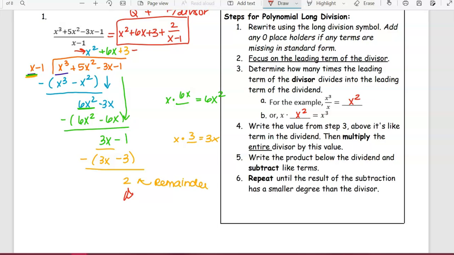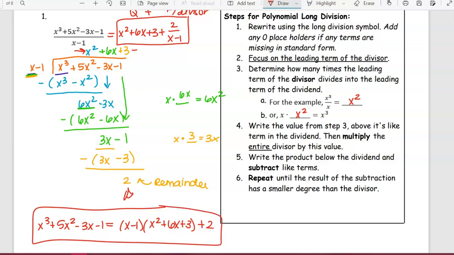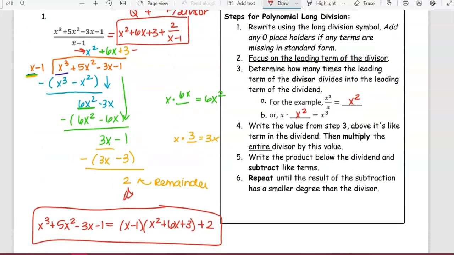Okay? If I write my answer to this division problem, here's the division problem. It equals the quotient, here's the quotient, plus the remainder, here's the remainder, plus the remainder over the divisor.